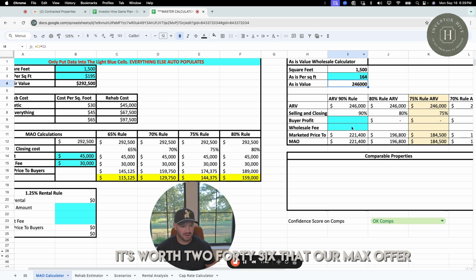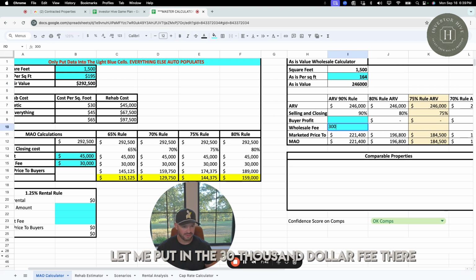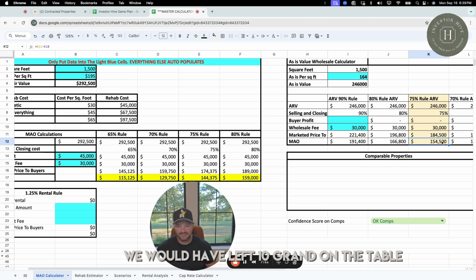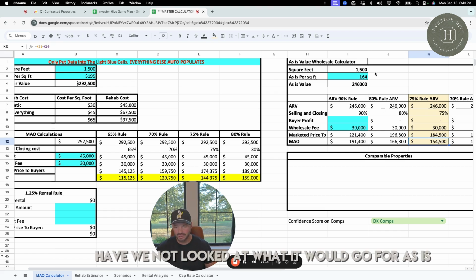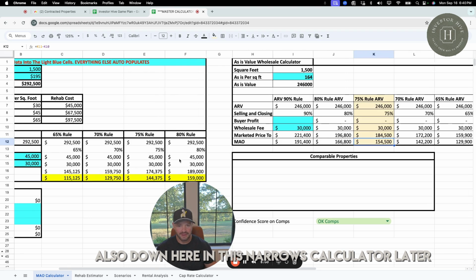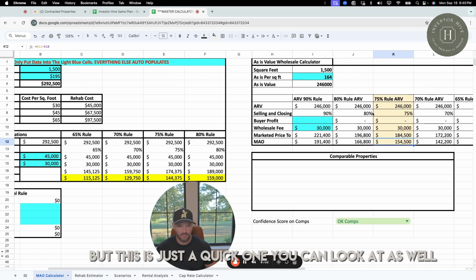That our max offer, let me put in the $30,000 fee there, is $154. See that there? 144 to 154. We would have left 10 grand on the table had we not looked at what it would go for as is. Now, I get into this detail a lot more down here in the scenarios calculator later, but this is just a quick one. You can look at it as well.